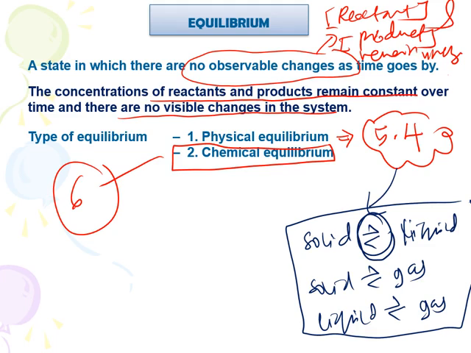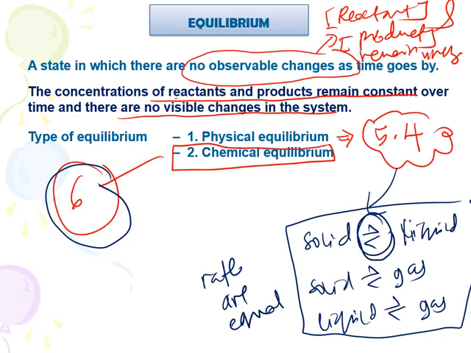Which is the rate for the formation of solid and the rate for the formation of liquid are at the same rate. Same for the solid in equilibrium with the gas. So the rate for the formation of gas is equal to the rate for the formation of the solid. Itu maksud equilibrium. Kadar pembentukan dia, rates are equal. Sama juga untuk kita punya topik 6 ni.